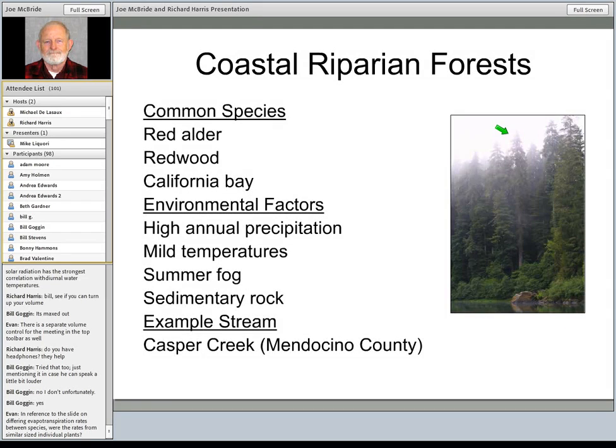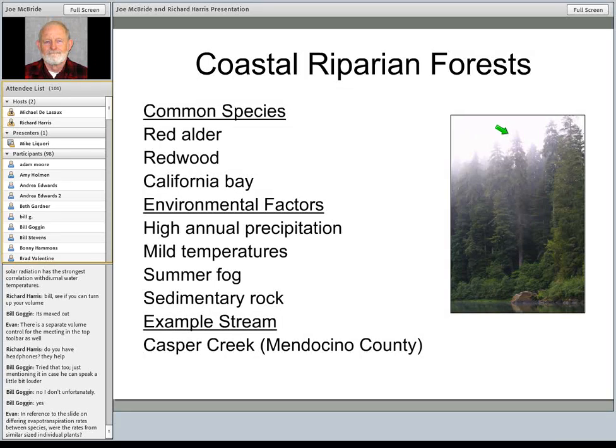These obviously are those forests that are along the coast of California. We're primarily talking about the north coast because these are riparian forests within conifer zones. And here we have redwoods often down at the stream flats adjacent to the streams, but hardwood species here are often things like red alder and California bay.